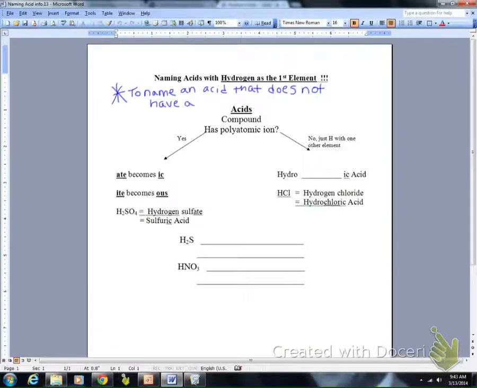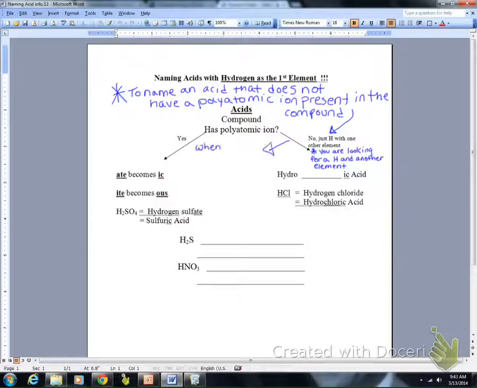Now, we're going to look at naming acids that do not have polyatomic ions present, and these are called binary acids. So we're just looking for an H and another element. When you have H and another element, that's called a binary acid. I realize that that looks like hand, but that's H and another element, so make sure you're reading that correctly.